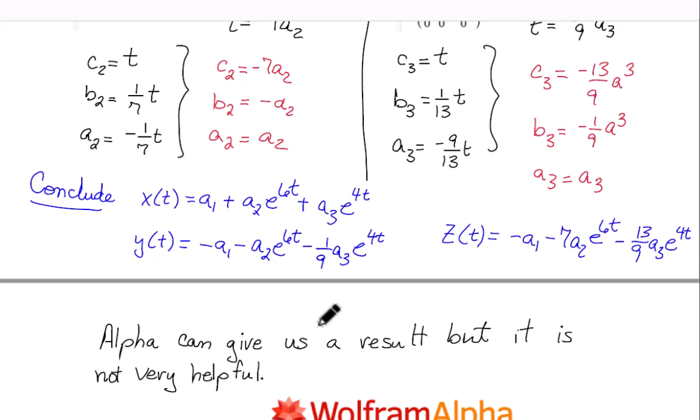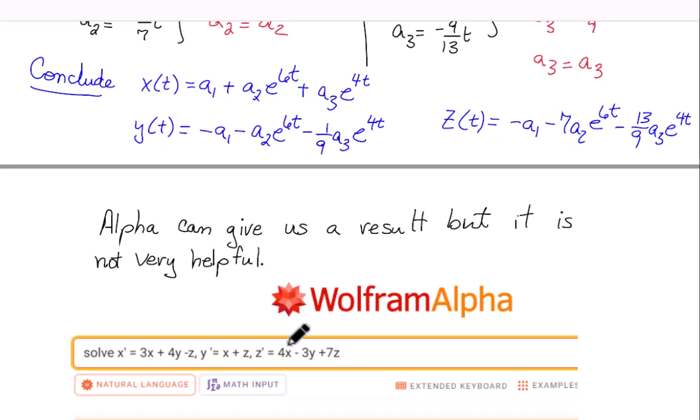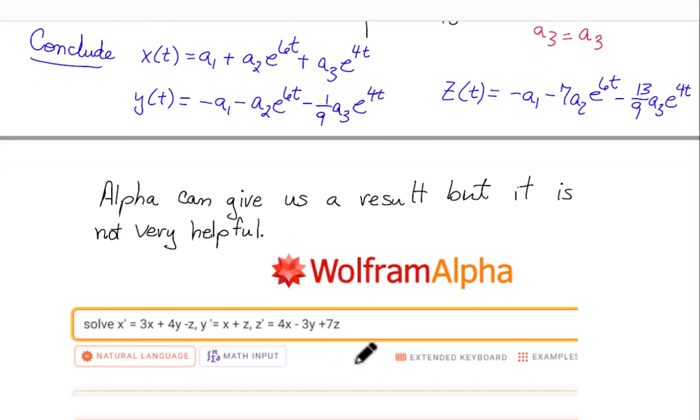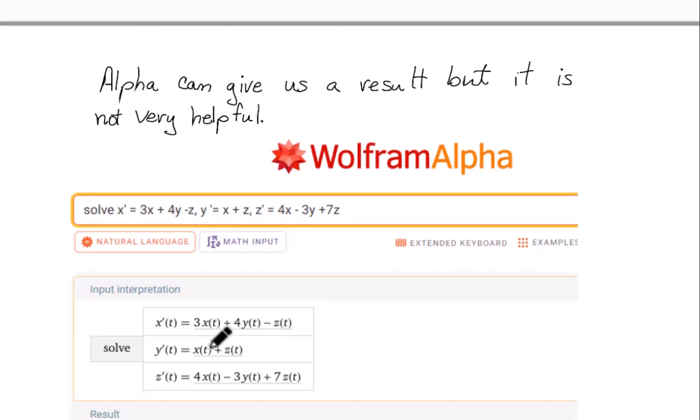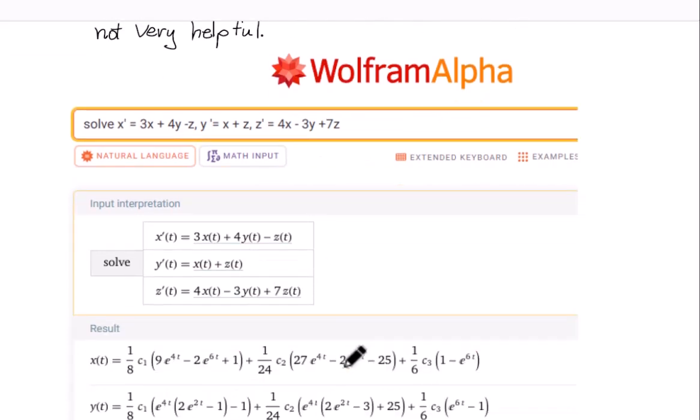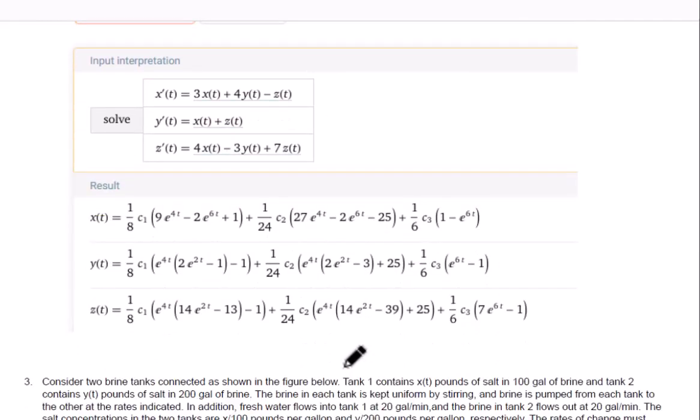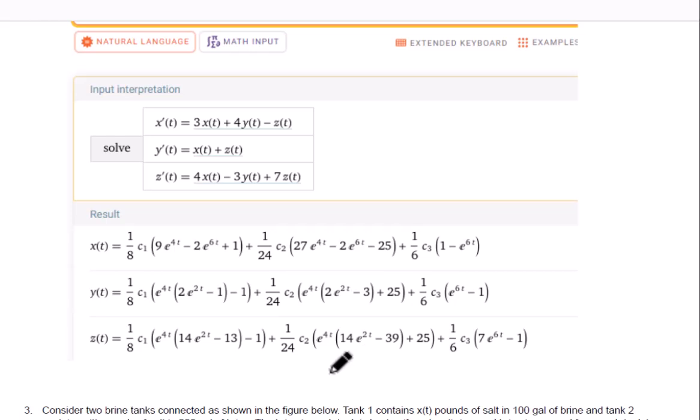Now, I could have solved the whole differential equation using Wolfram Alpha. I could just say, solve this system. And it did it, so you can see how it writes it. But I can't say the solution is very meaningful looking. I mean, I could go in here and start collecting off all the coefficients.